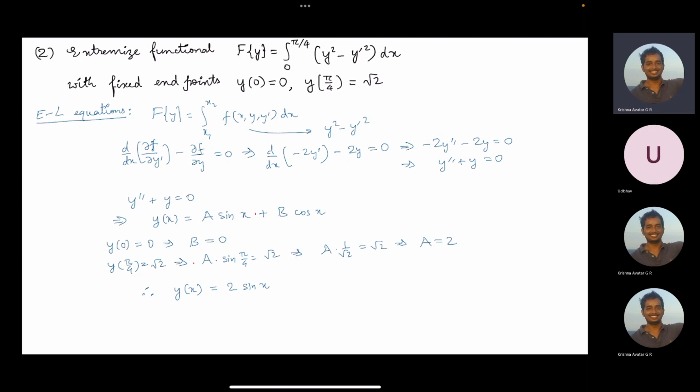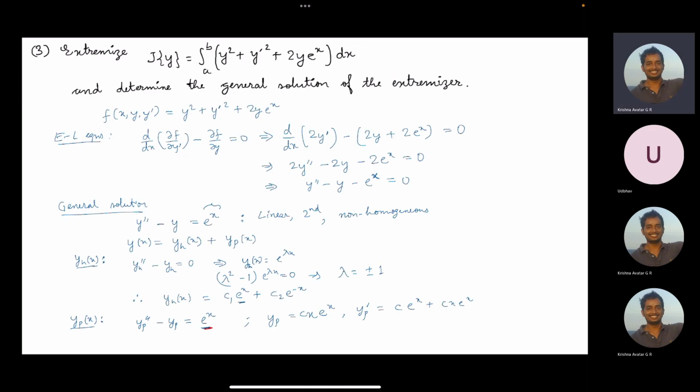Now our aim is to determine the particular solution. For the particular solution, we have to assume a solution which tries to mimic the forcing function, which in this case is e to the power x. However, there is a caveat here. The forcing function has a term which is the same as one of the homogeneous solutions, which is e to the power x.